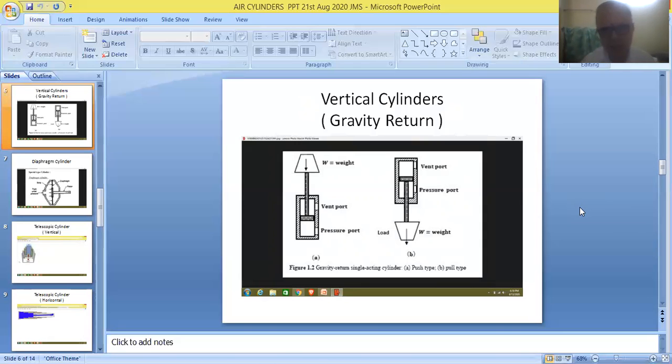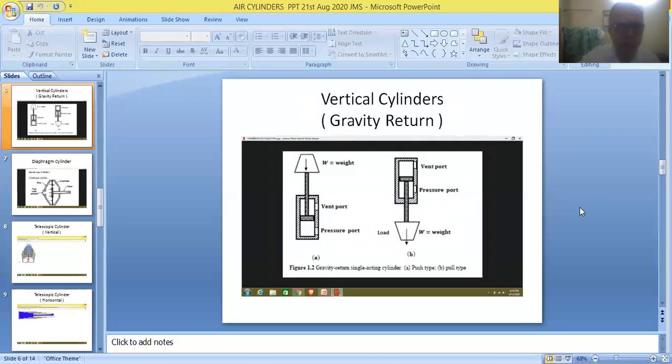So friends, vertical cylinders are classified into two categories: push type and pull type cylinders. We can see the single port that is made at the bottom of the cylinder, and here also the port is made at the bottom of the cylinder.